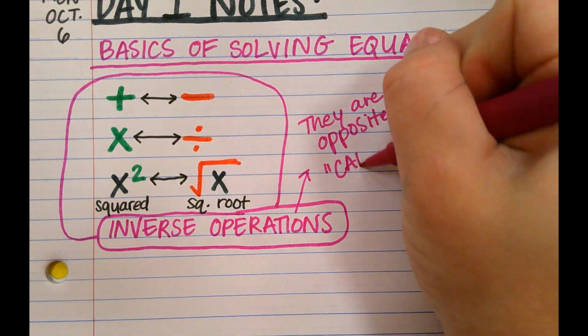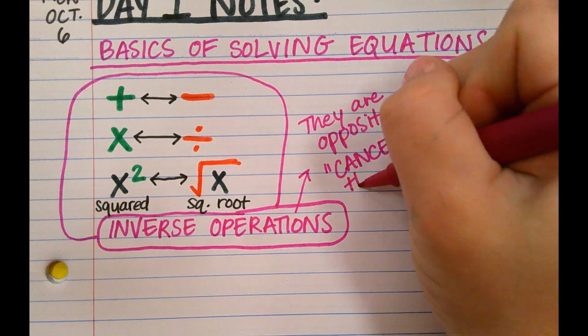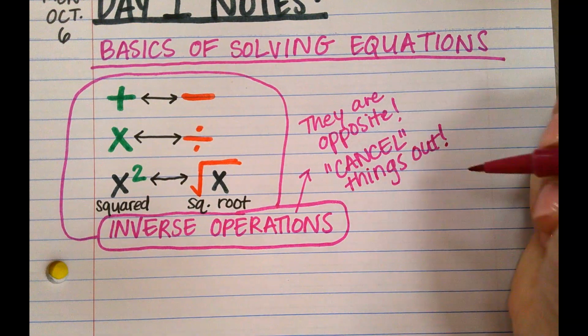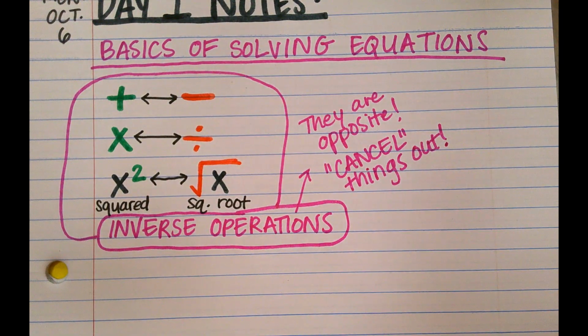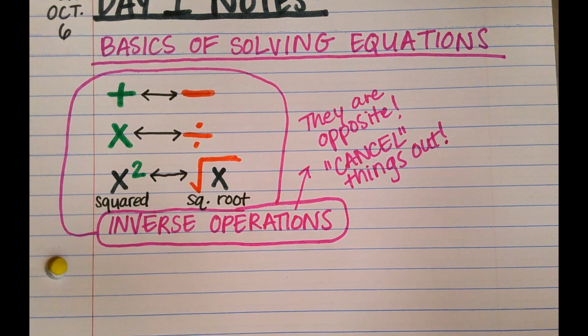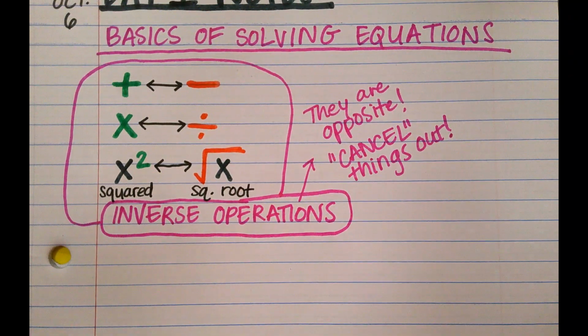Cancel things out. And then I'm going to show you an example, because right now this is just a bunch of gibberish. When we put it in context, it should make a little more sense. Keep in mind also that the order that I wrote these operations in is typically the order that we use them in whenever we are solving equations.